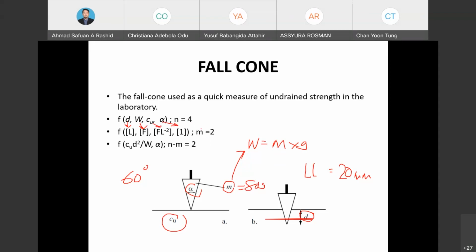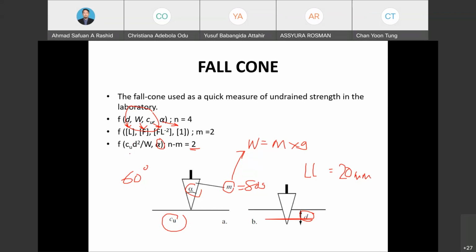So four minus two, we need to derive two dimensionless equations, where alpha is already dimensionless. Then we make use of all of these three. So Cu times d squared over W is the second and last dimensionless equation.